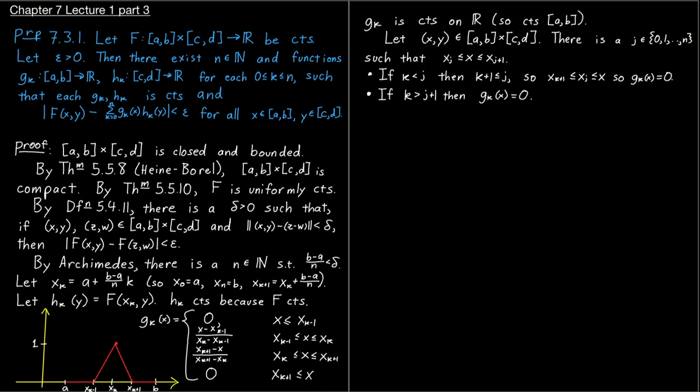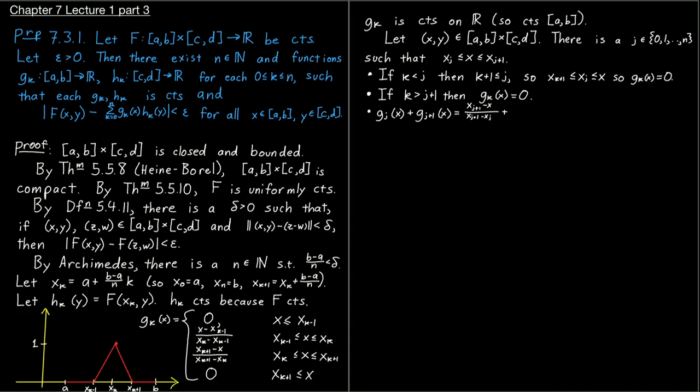And so when we take our sum, the only g_k's that show up are g_j and g_{j+1}. And what do those add up to? g_j of x plus g_{j+1} of x. Well, g_j of x, we just write down the definition, x_{j+1} minus x over x_{j+1} minus x_j.